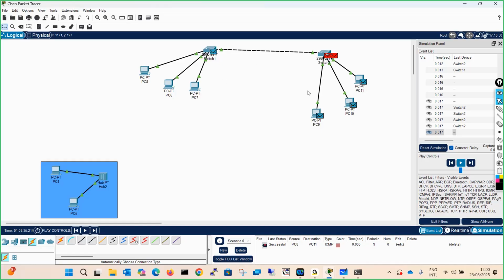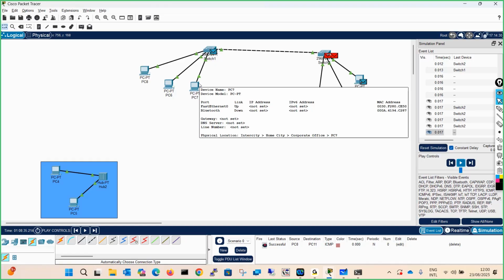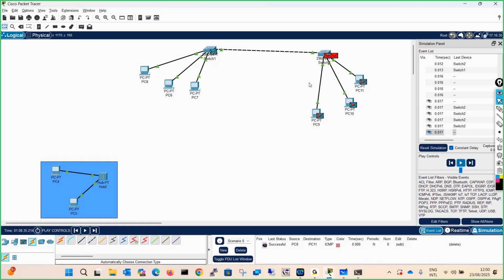Just imagine if you have hundreds of switches in the network and thousands of hosts, PCs and other networking devices connected, and one PC wants to talk to another PC, how much broadcast will happen?